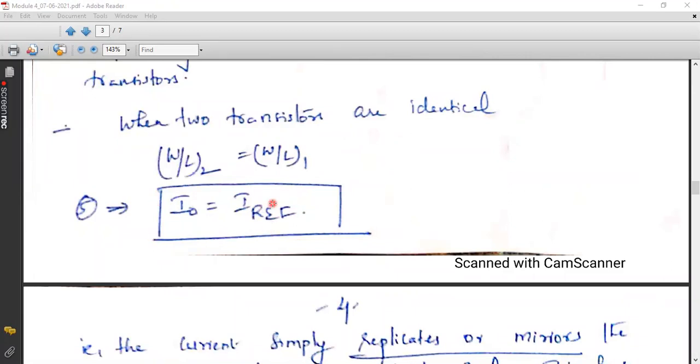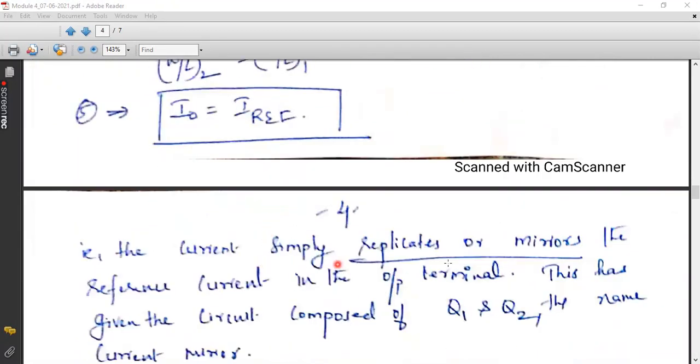So in this case, it is understood that we have simply replicated the same current again, right? Without any modifications. I have taken I0 as the same as I reference because in one stage I need IREF and in the other stage also I need the same current IREF.